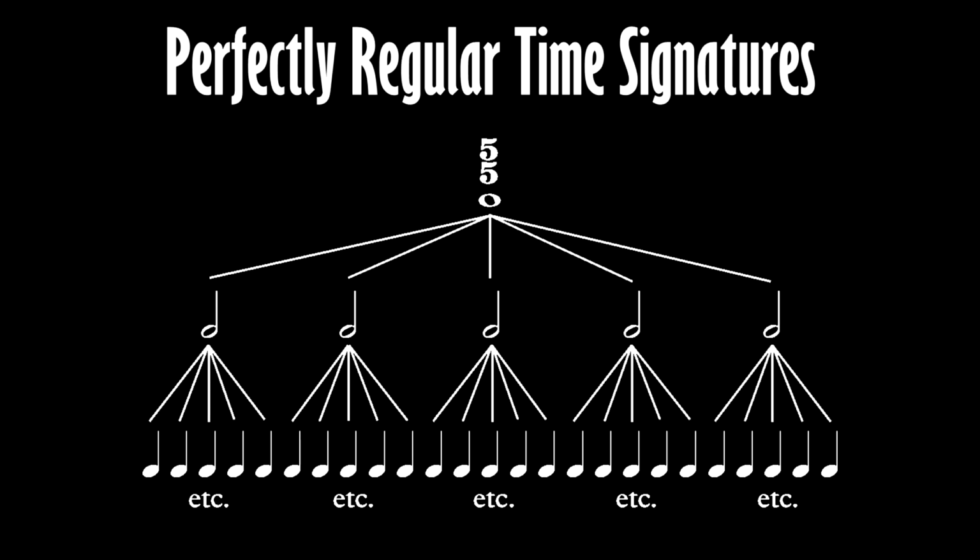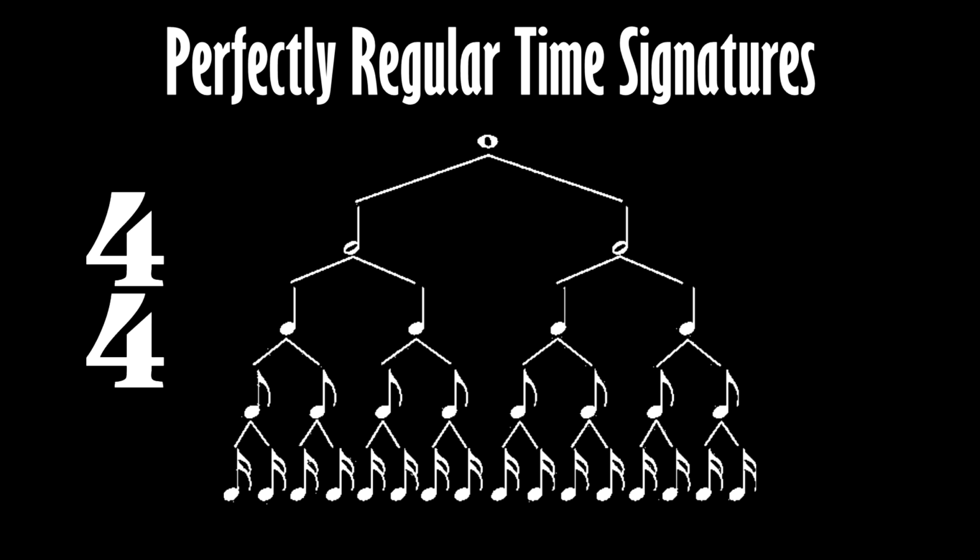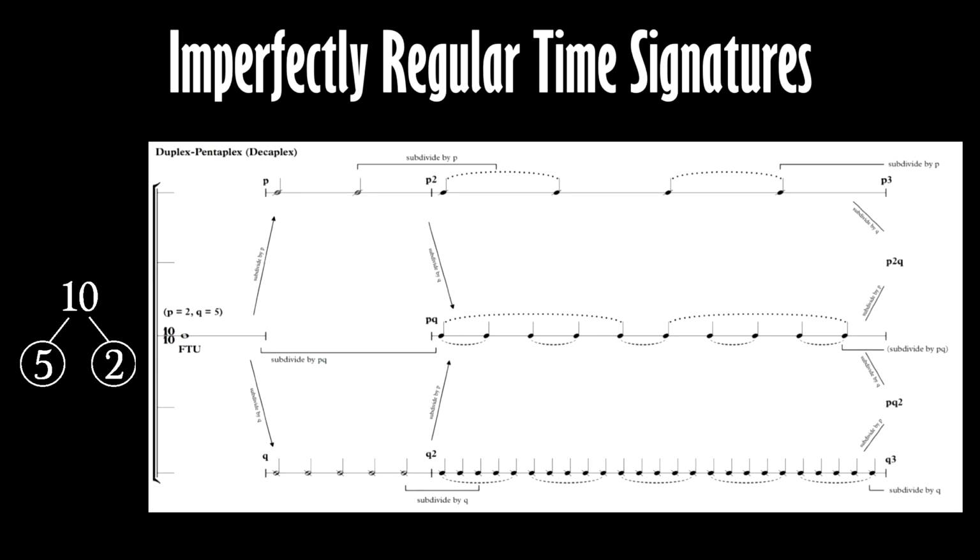Perfectly regular rhythmic systems have only one prime factor, and so subdivide at all levels into the same number of equal parts. An example of this is our current system of time signature, wherein all subdivisions on all levels are into two equal parts. Imperfectly regular rhythmic systems have multiple prime factors in their first subdivision, and so can subdivide on any level into different values based on the different prime factors, allowing for a branching network of potential values.